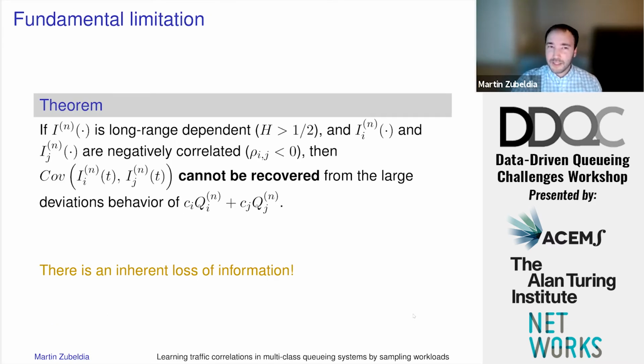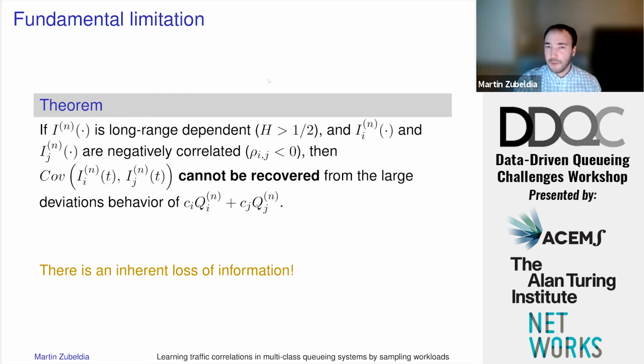And we thought there was a surprising thing, which is that sometimes it can never work. So we have kind of an impossibility result for some of the other cases where it doesn't work. We proved that if our input process is long range dependent, which means that you have a positive correlation in time, we have many arrivals today, we're going to have even more arrivals tomorrow.